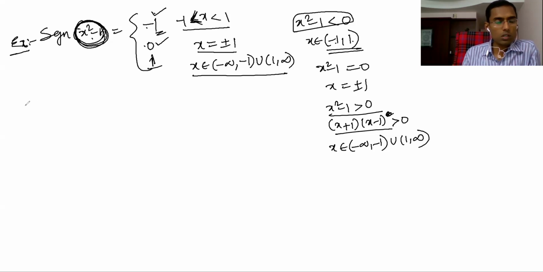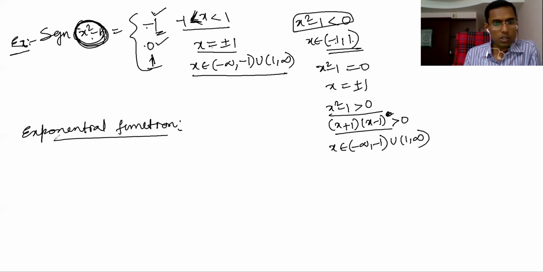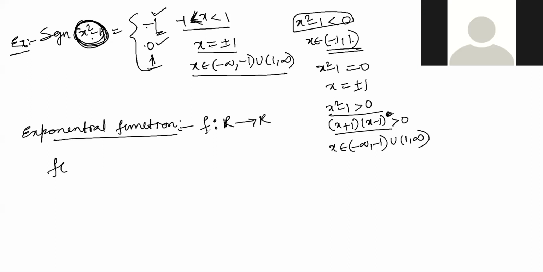Okay. So then let's go to the next function. So what are those? Exponential function. So what is this exponential function? Already we discussed, f maps R to R defined as f of x equal to a power x.